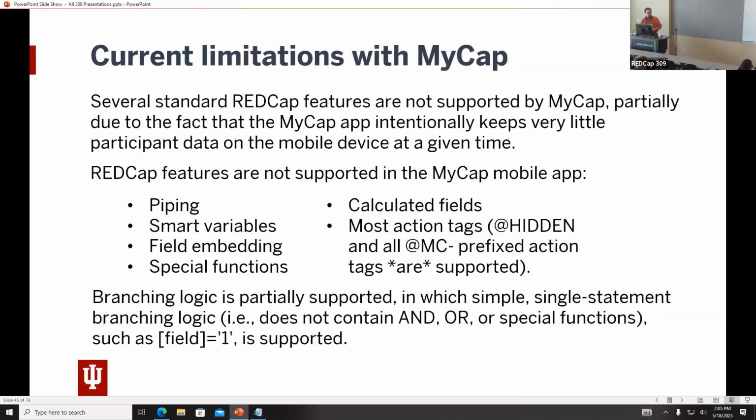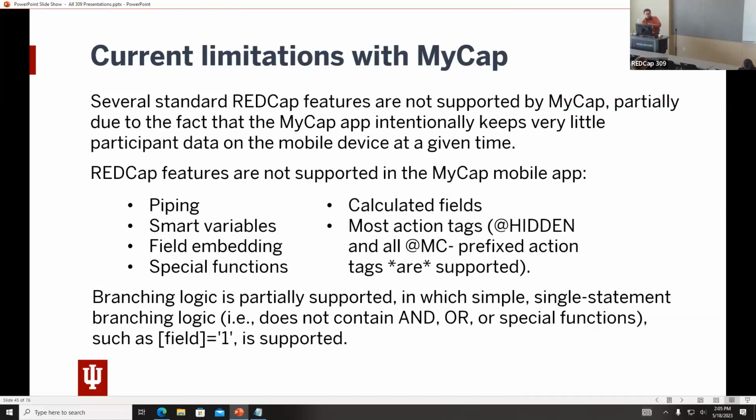There are some limitations with MyCap. So several standard REDCap features are not supported with MyCap. And in fact, we're still finding some of those here and there. So this is not an exhaustive list. So piping, for example, smart variables. Now, to clarify what this means, and you can see that there's several others here too, it doesn't mean that you can't have some of these in the form.